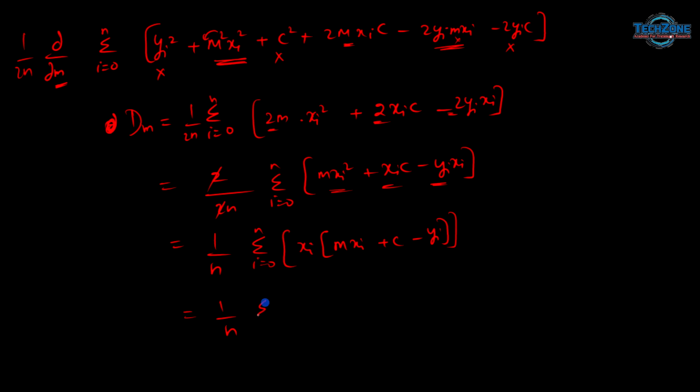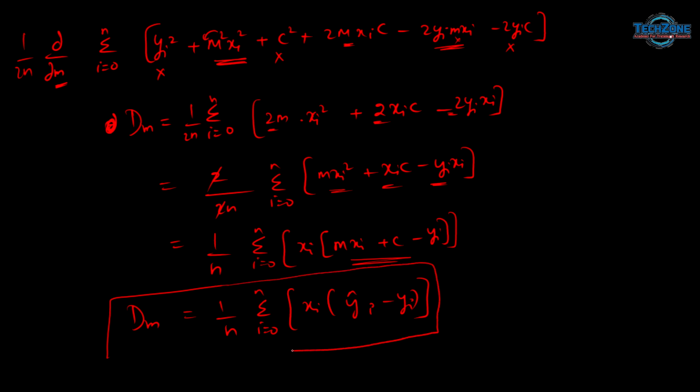So in other words, we can write this as xi multiplied by mxi plus c. What is this? This is y hat, right? Minus y, the original value. So this is the value of dm. Now why are we finding this?